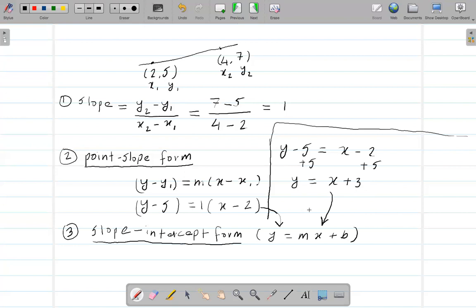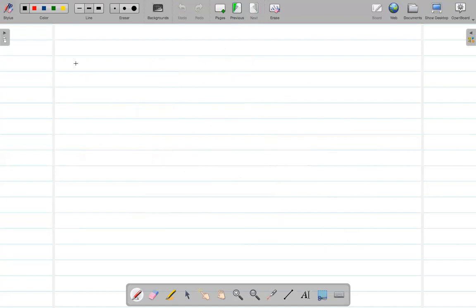Okay, so the last one, we need to find standard form. Standard form is ax plus bx is equal to c.